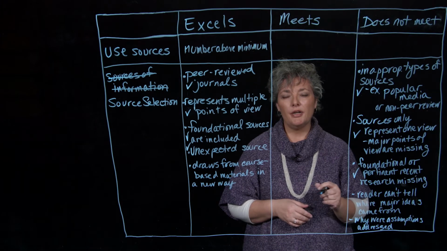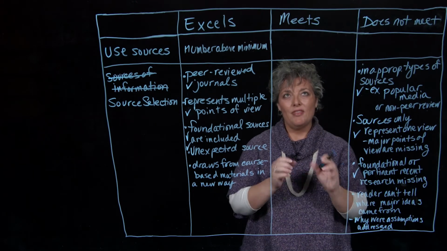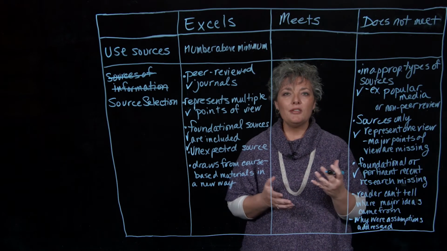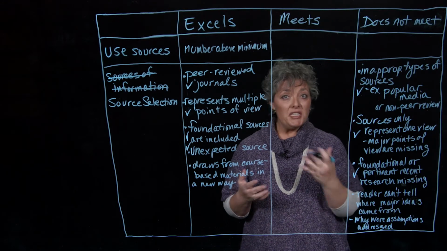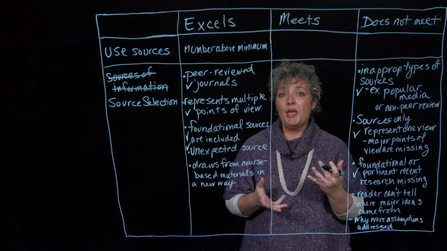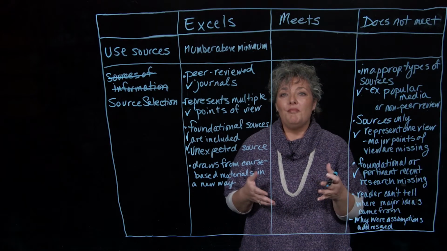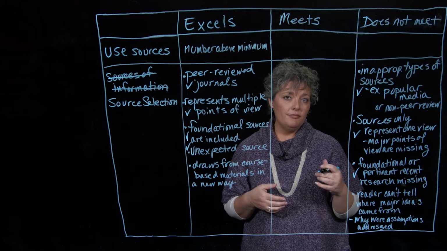unacceptable for this criteria. Now, the hardest one is the middle, the meets expectations. Basically, I have to figure out where the middle ground is here. It's not quite excelling, but it's okay. I expect many students might include one paper that they didn't understand wasn't peer reviewed, but generally understood what sources were appropriate.